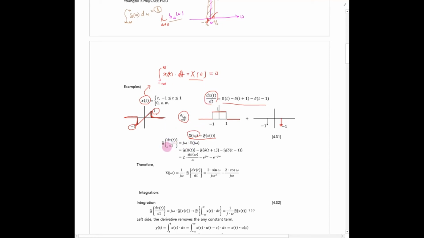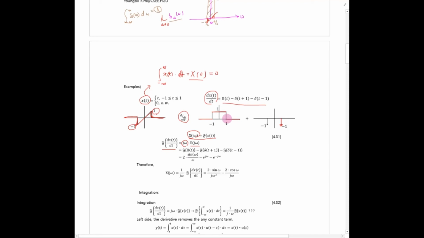By taking the derivative of x(t) and then taking the Fourier transform, the result should equal j omega times X(j omega). And the Fourier transform of this derivative consists of three functions' Fourier transforms. The rectangular pulse Fourier transform, as we know, is given by these functions. The area is 2.